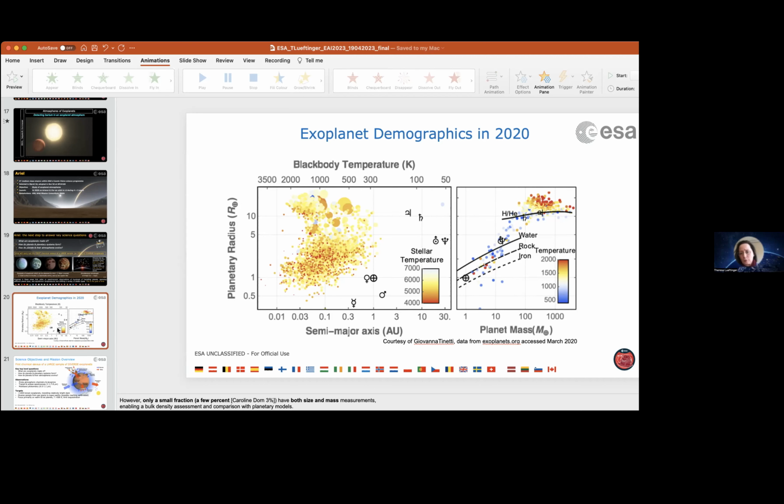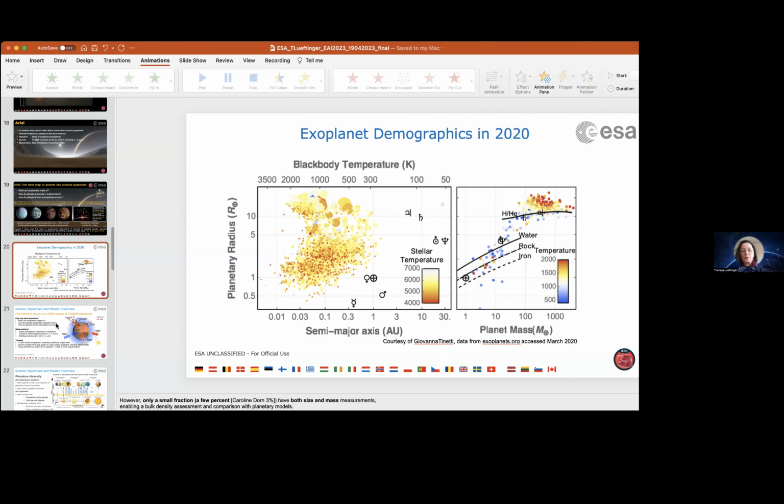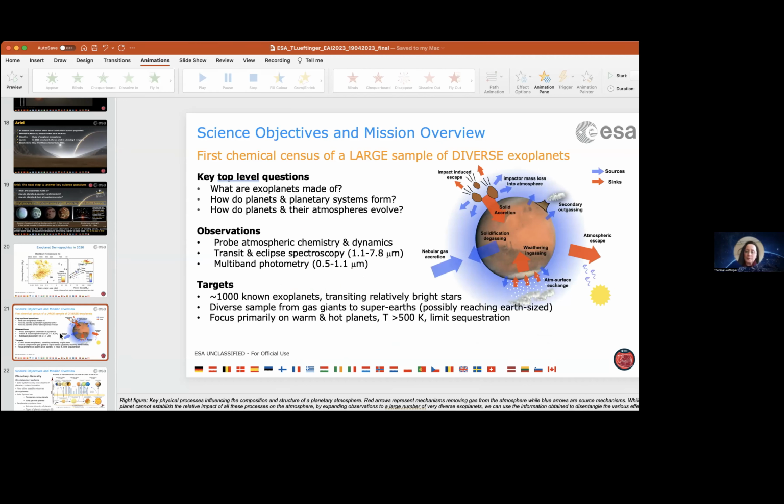But that was it for most of the planets. In the best case, we have mass and diameter, so mass and radius measurements, and can determine an average density. But that's already the best case or the best scenario we are facing. So it was really obvious that there is need for more information if we want to find out more about exoplanets and exoplanetary populations. So that's what fostered the decision for Ariel, obviously, as well.